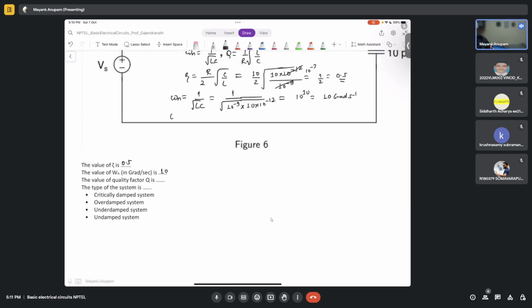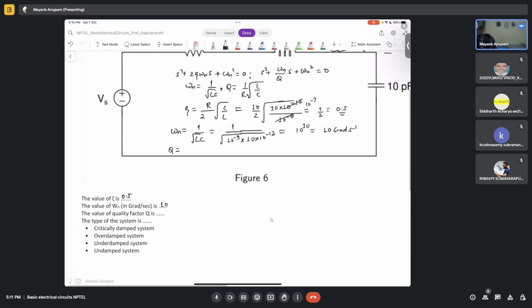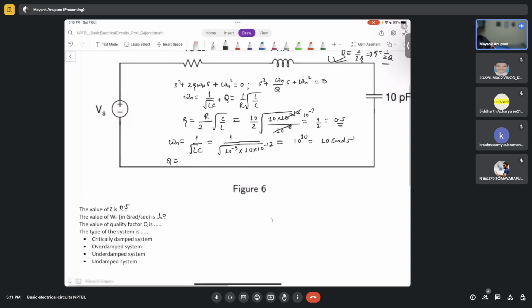Tell me, what is the quality factor Q here?